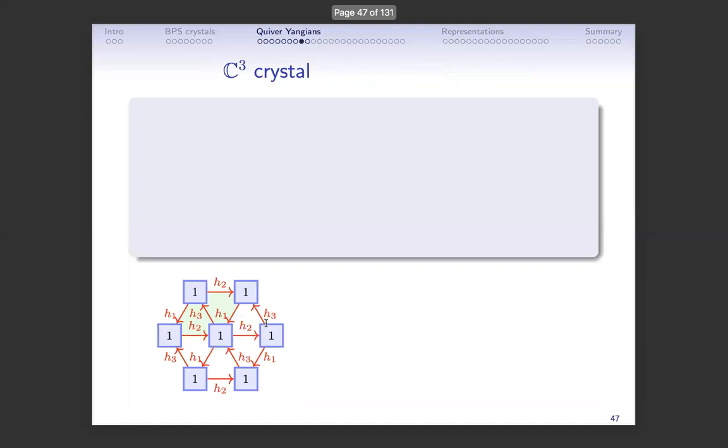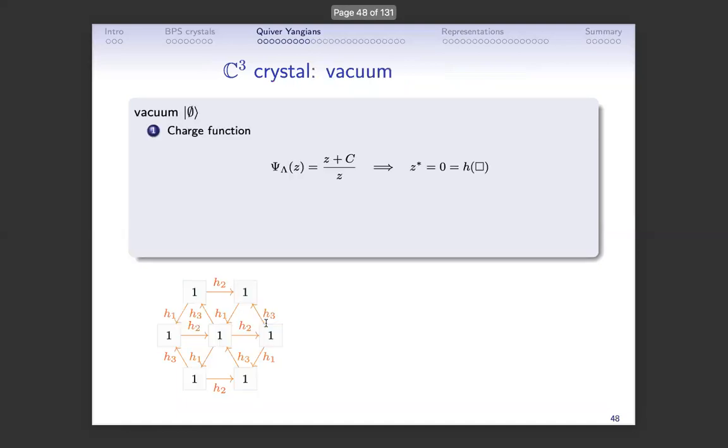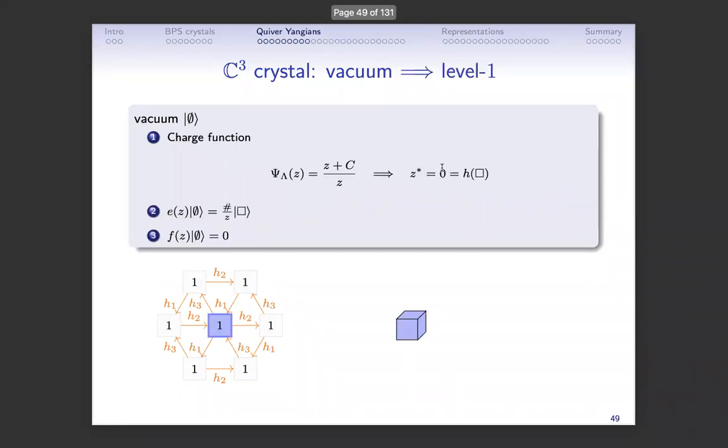So this is how it works. You start from the vacuum and you look at the charge function and look at this pole. It's pole 0. That means you can add a box there, and each pole can only be used once. If you use it to add a box, you cannot use it to remove one.